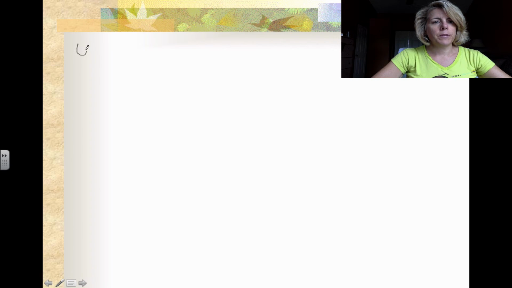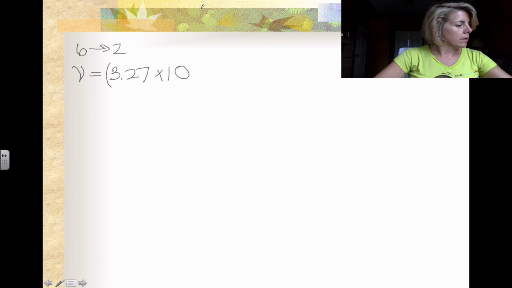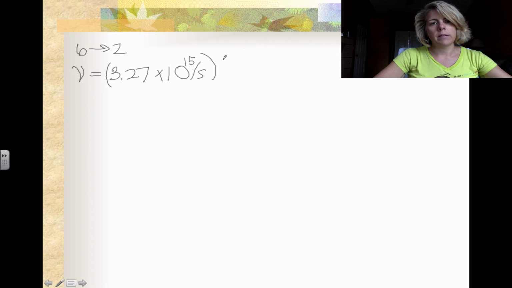So you're going from transition 6 to 2, and nu is going to be the Rydberg constant, which is 3.27 times 10 to the 15th cycles per second. And then that's going to be 1 over 2 squared minus 1 over 6 squared.